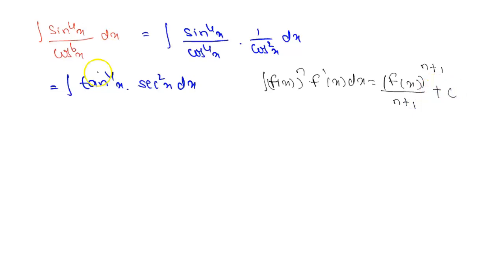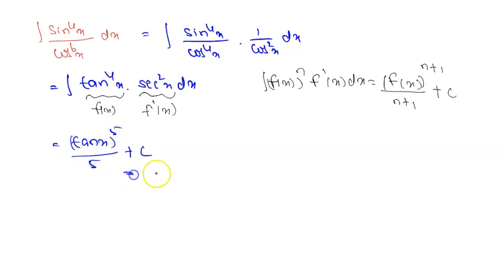Here if you take this function as f of x, this function goes to f dash of x. Derivative of tan x is secant square x. So I am applying this formula now. This is equal to tan x whole to the power 5 by 5 plus c. This is the answer for this question. Right. Now go for the next question.